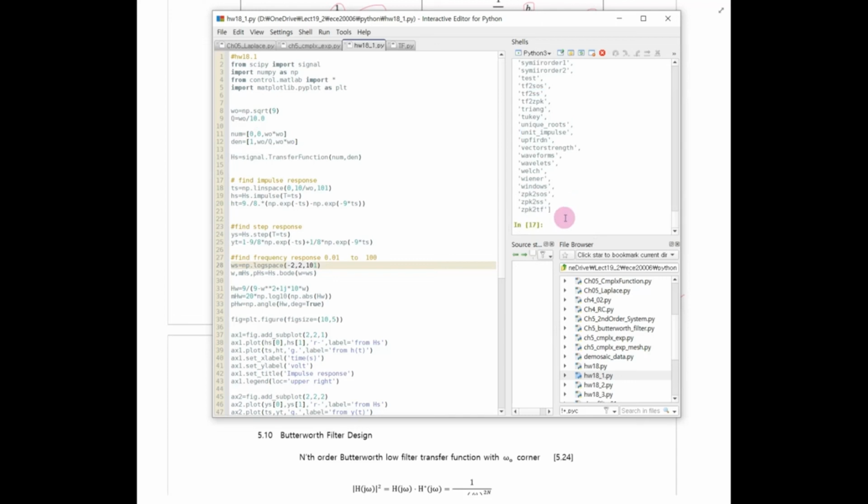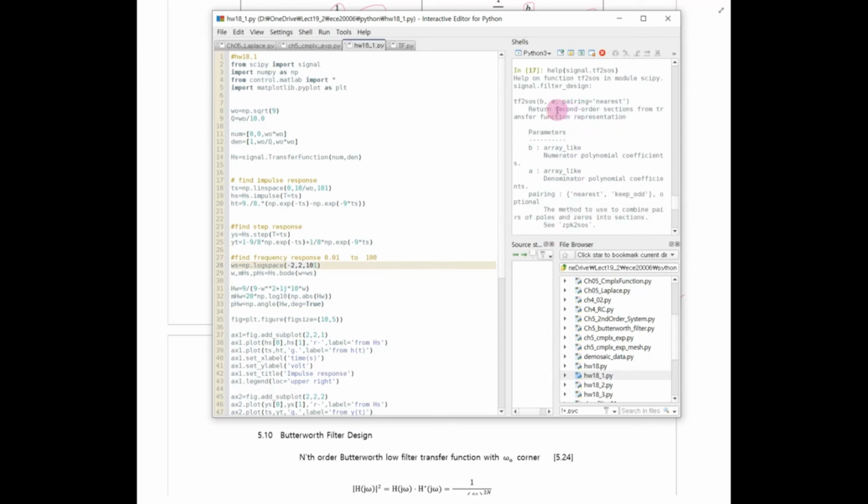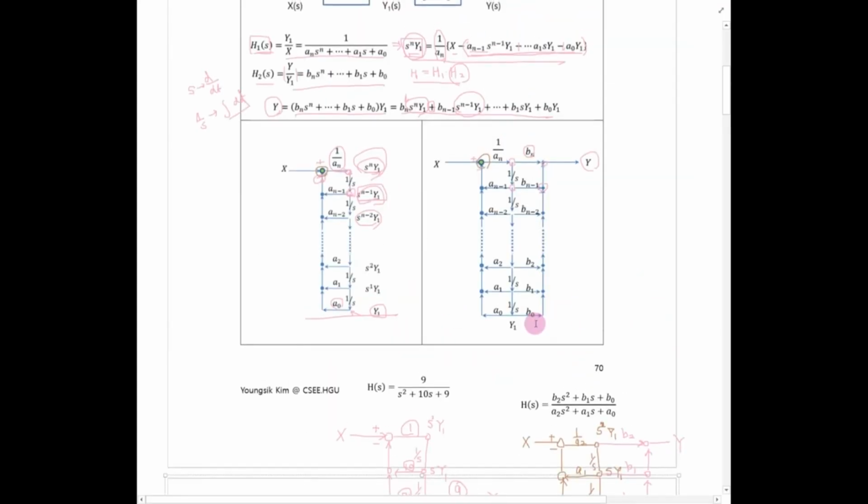That is signal.tf2sos, second order system. So this one will convert any given function to a second order lattice structure. Okay, that is a second order lattice structure. And in general, this one is a canonical form for any given filter.